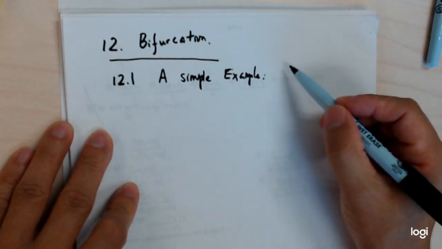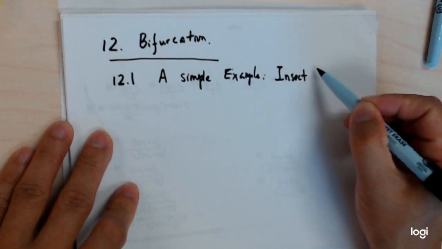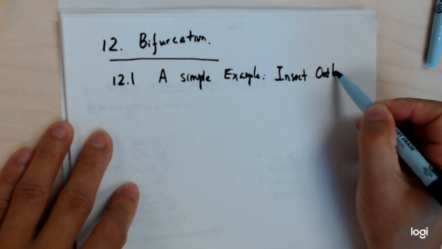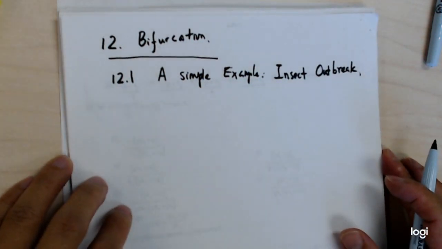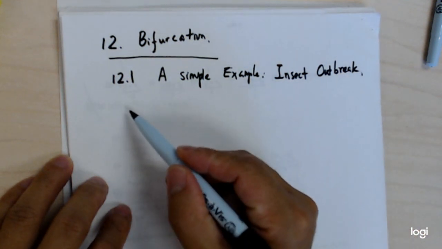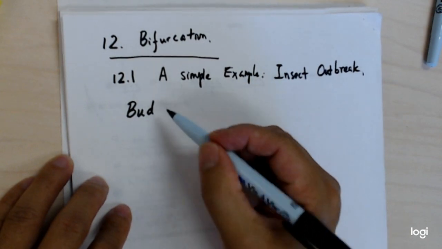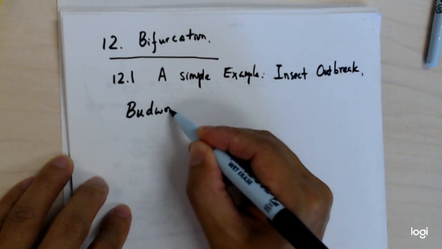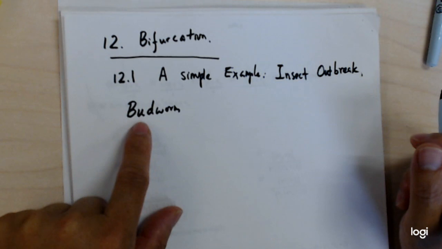This example presents a model for the insect outbreak. Basically, the Canadians noticed that every once in a while, maybe 10 years, 20 years or so, there is this kind of insect called spruce budworm that suddenly may create an outbreak in the forest, which devastates the forest.